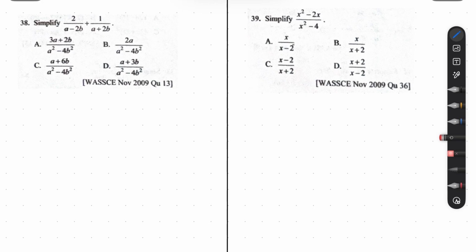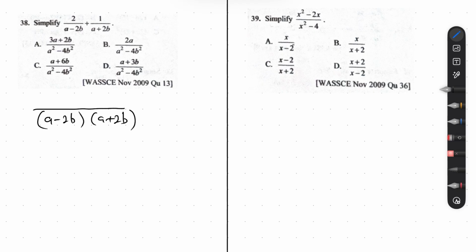The question says simplify this. Okay, so just a simple simplification. So we have 2 over... let's just start at once. Find the LCM. The LCM is just a multiplication of the two denominators. So we have a minus 2b, then we have a plus 2b.